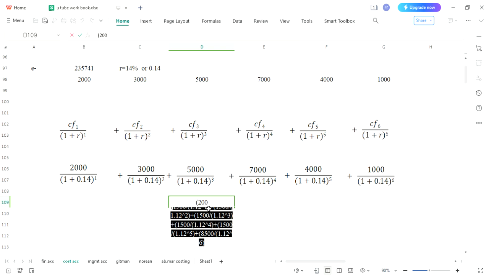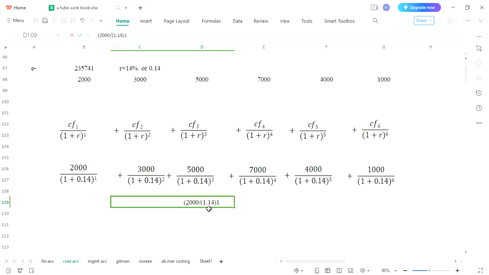Again, we have everything present over here, but it would be a mess. So why not we should write it by self. 2000 divided by, start your bracket, 1 plus 0.14, it would be 1.14, and raised to power is needed to post as 1. We will change it accordingly.